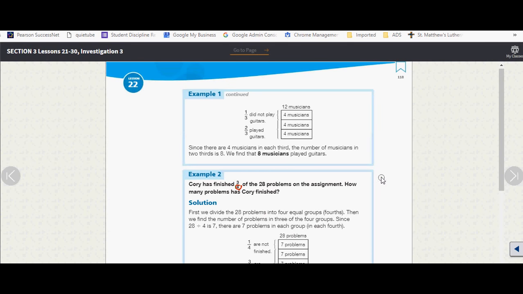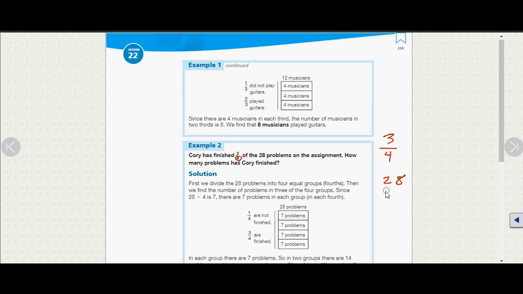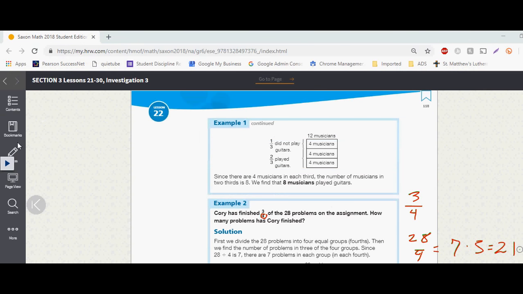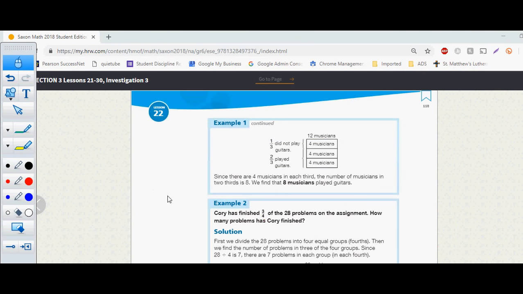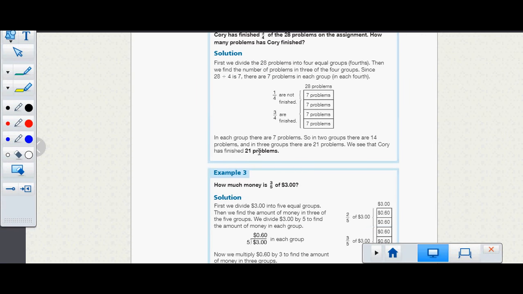So you divide your total by the denominator, and then you multiply that by the numerator. 28 divided by 4 was 7 times 3, 21. Let's take a look at what they said. 21 problems.